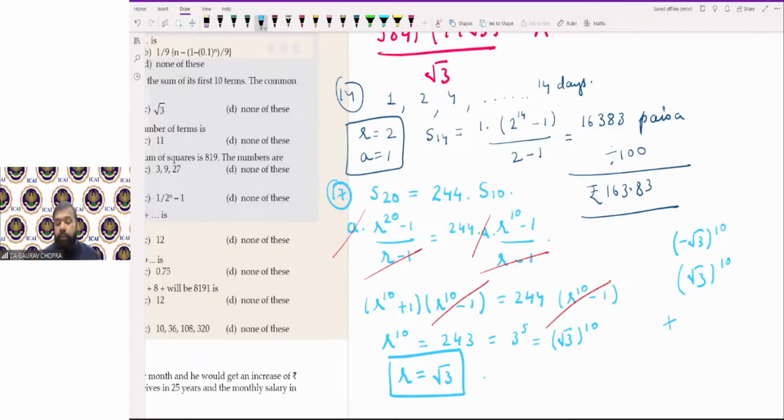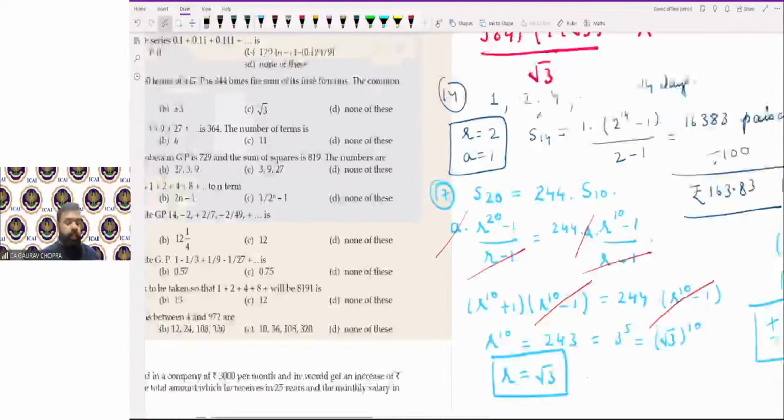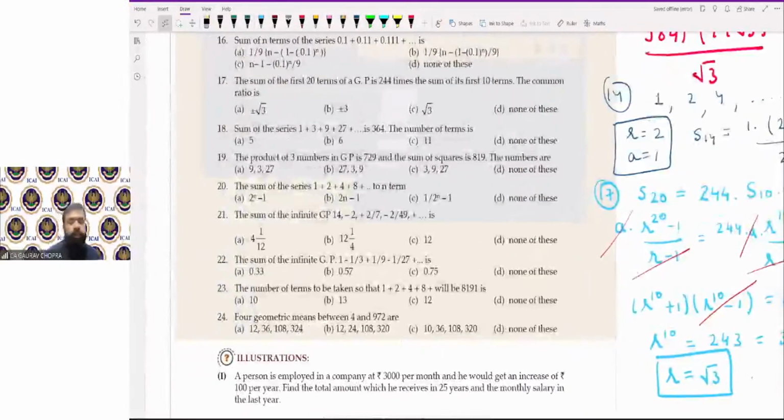So the result can be positive as well as negative. It can be anything. The common ratio can be anything. It can be positive or it can be negative. All right. So this was your question number 70.